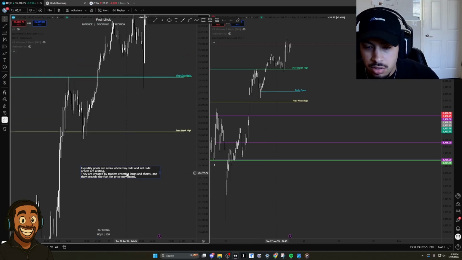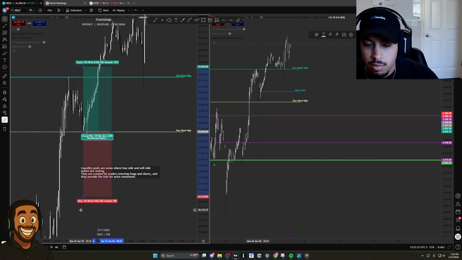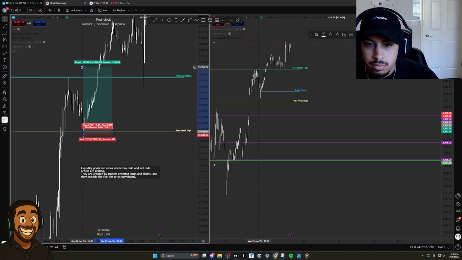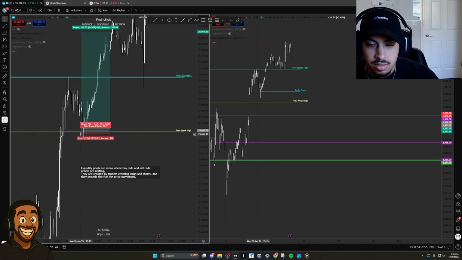Awesome. Let's understand what buy side and sell side is. So let's say if people were longing here, right? This is a draw of liquidity if people were longing. This is going to be sell side liquidity.